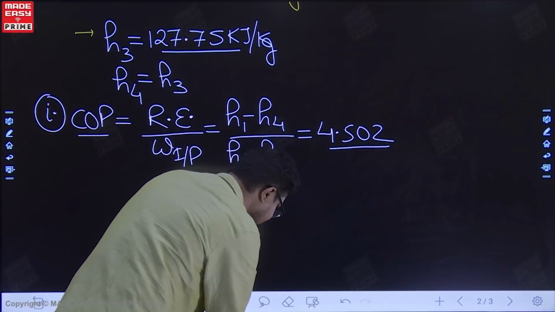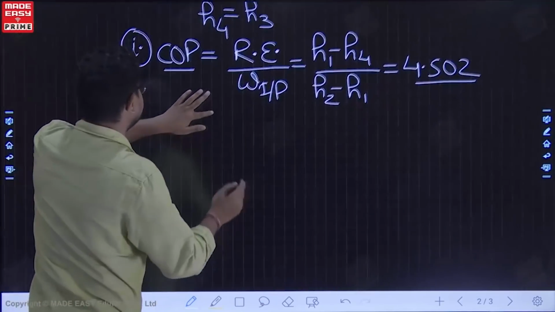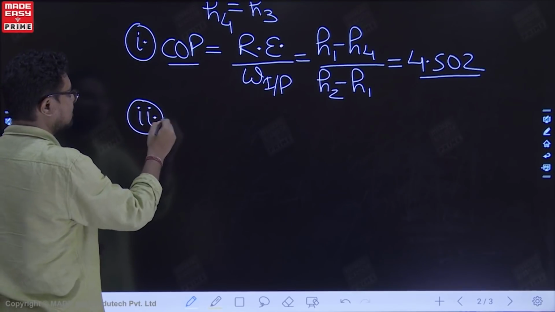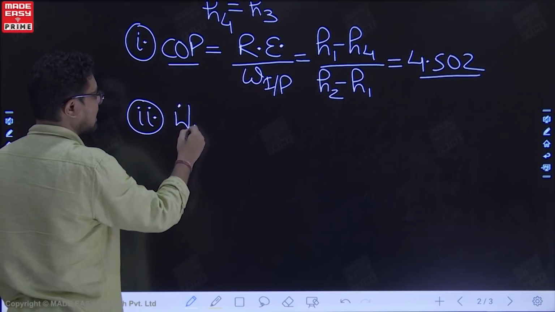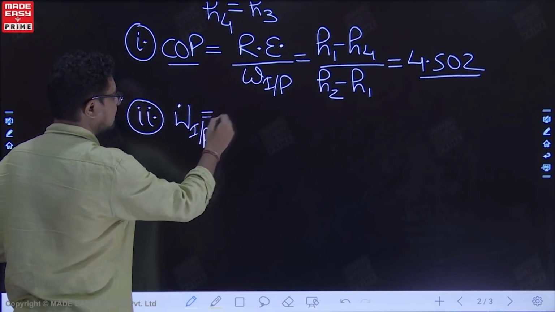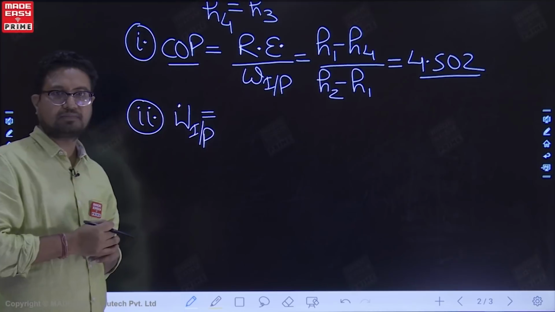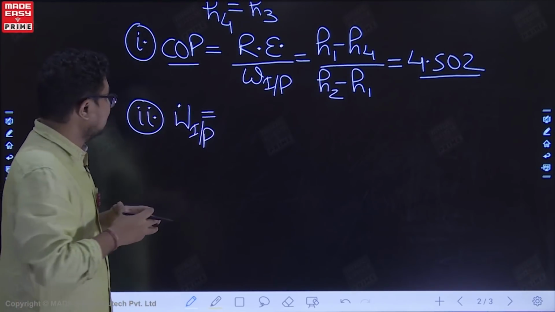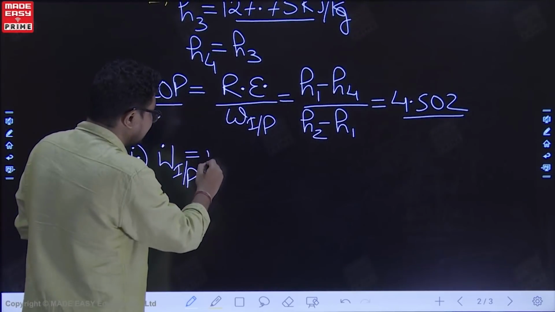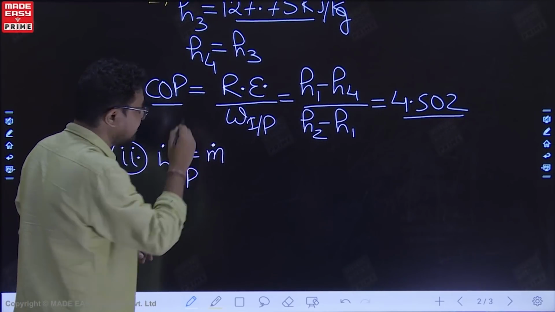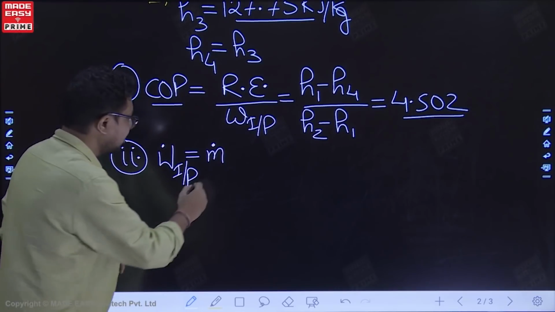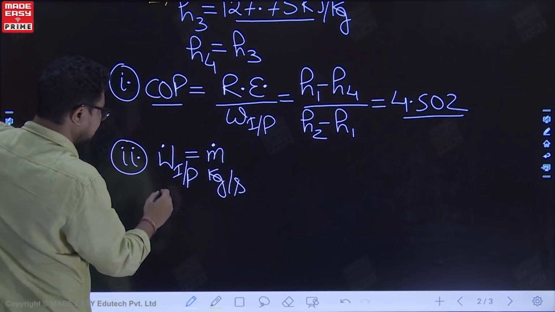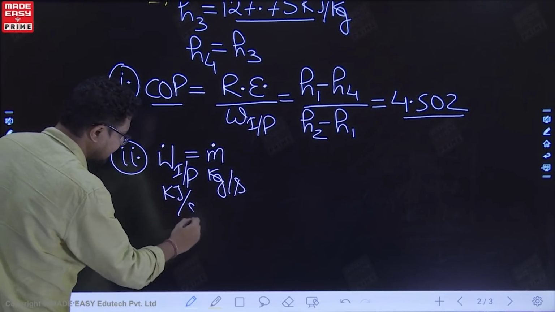The next thing we have to calculate, which I am mentioning here because it is not written in the problem, is the compressor work input, the power input. How to know the power input? We should know the mass flow rate of the refrigerant, in kilograms per second, because I want to express the power input as kilojoule per second.